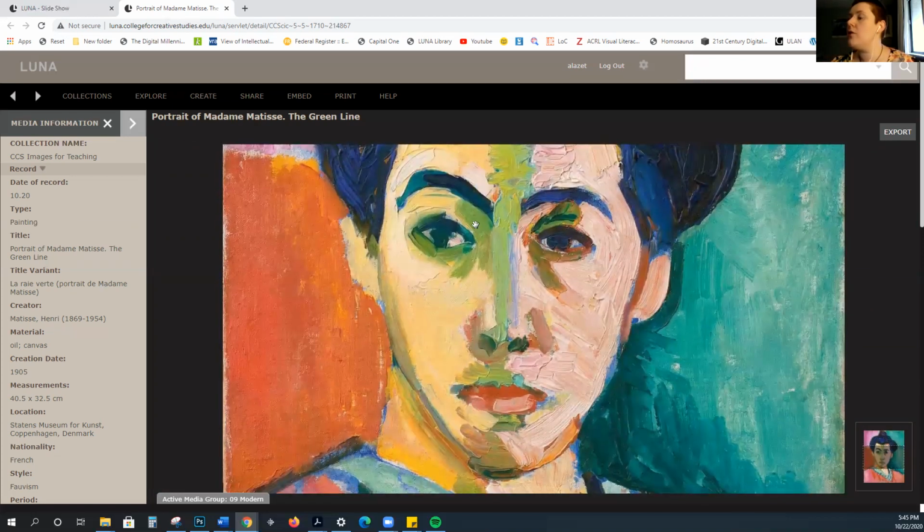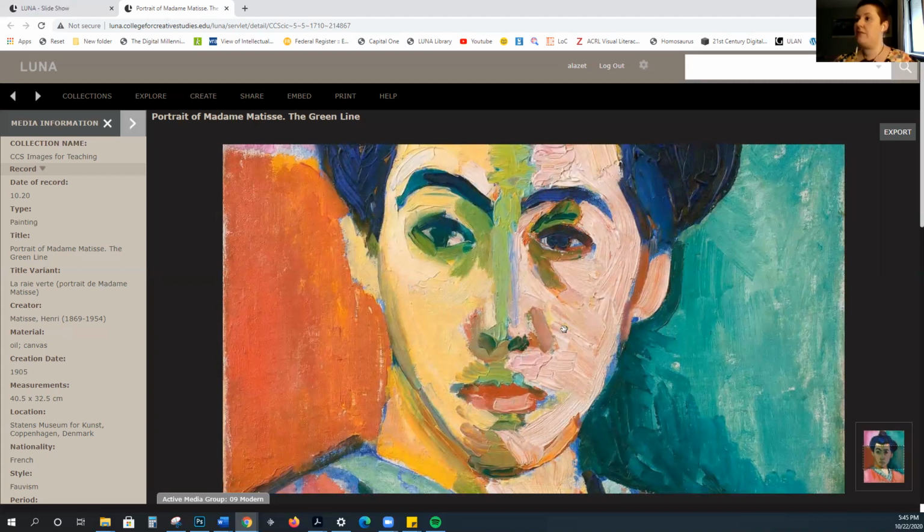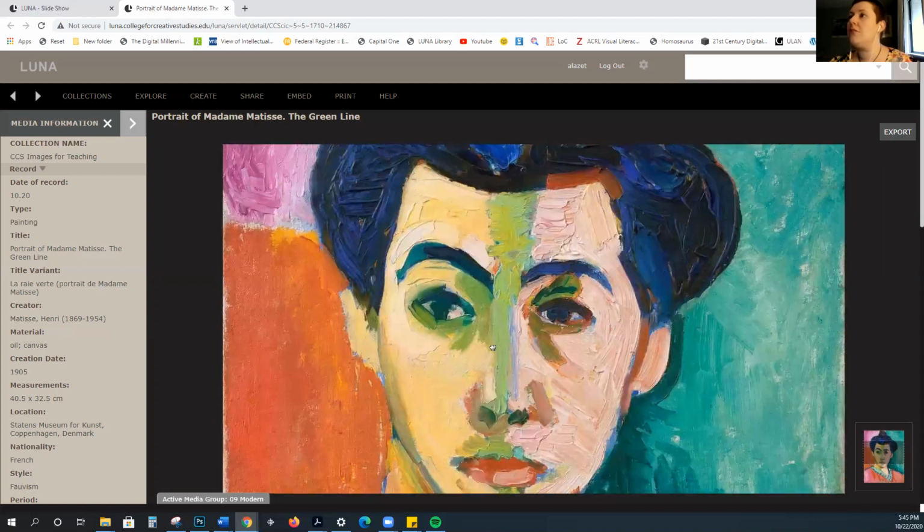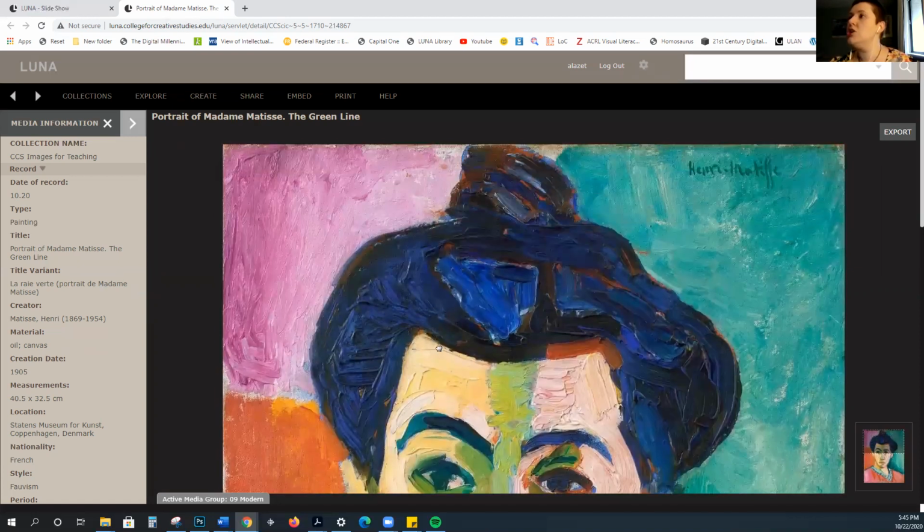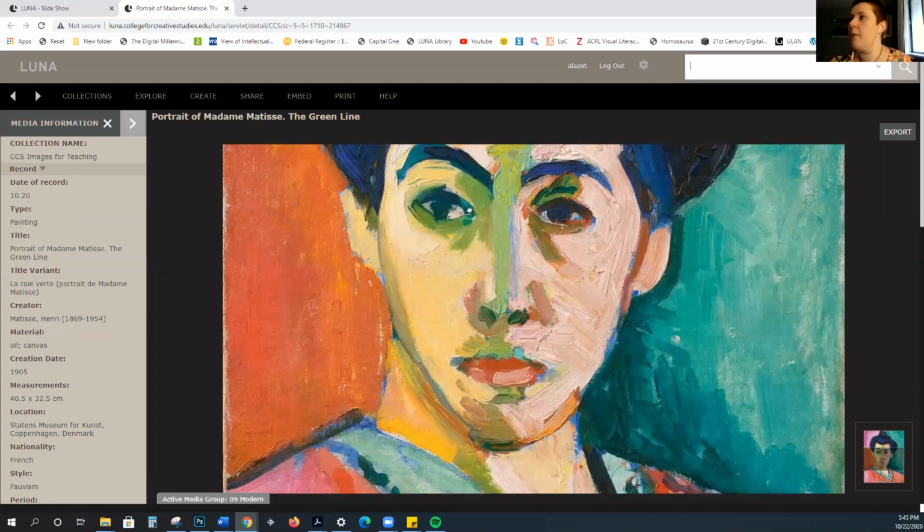So you can imagine that this is the face of a woman who in reality probably does not have a green line all the way down her forehead, nose, mouth, and chin. This is something that the artist has juxtaposed or superimposed onto the face of his wife.